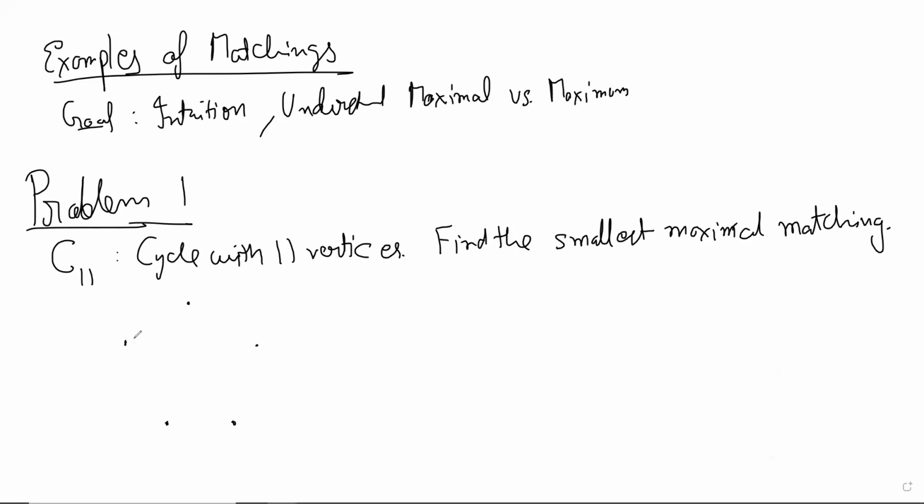No, so first, cycle means obviously that these edges are there, but this doesn't define a matching by itself. Why should this define a matching? No, but that's not allowed.